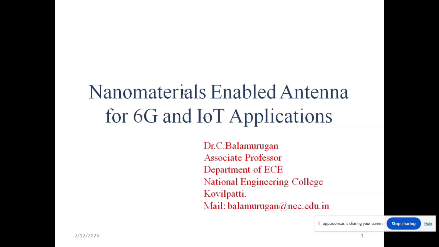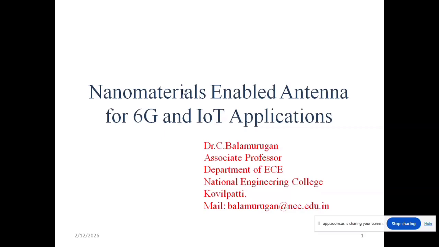By changing the geometry of the antenna, one can achieve the desired specification. There is no alternative to this. But from my point of view, by designing the antenna using a suitable nanomaterial, one can achieve better performance. That is my point of view for today's presentation.